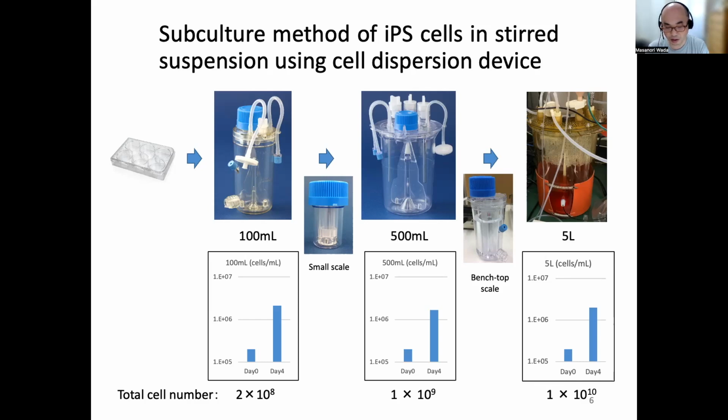The obtained single cells were re-inoculated into 500 milliliters and cultured for 4 days, and the aggregates were dispersed with a benchtop scale cell dispersion device to obtain 1 billion cells. The obtained cells were inoculated into 5 liters, and 4 days later, 10 billion cells were obtained.